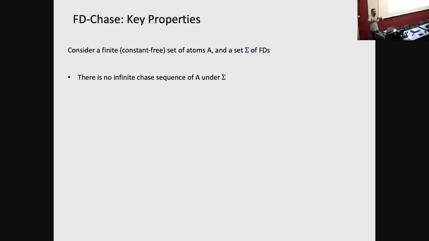We will never introduce a new variable, which means that after finitely many steps, in the worst case, what I will get there is a set of atoms with just one variable, which trivially satisfies every functional dependency. So after finitely many steps, we will stop. So there are no infinite chase sequences of a certain set under a set of functional dependencies.